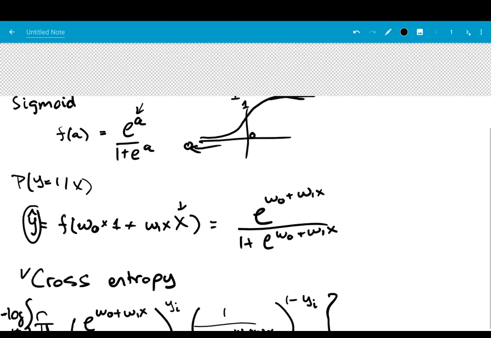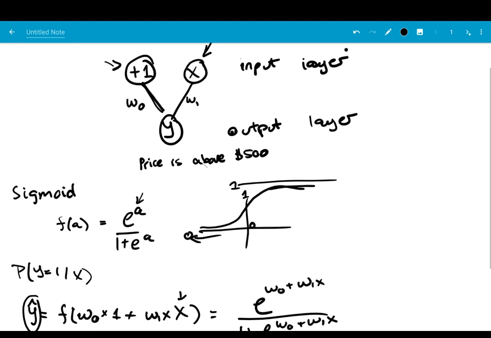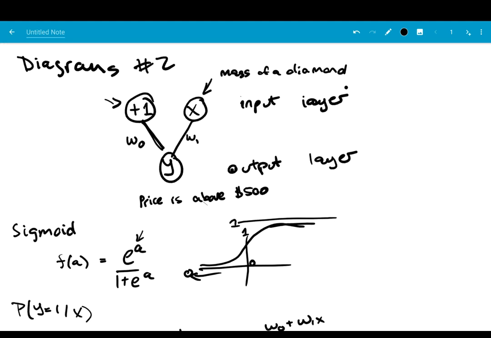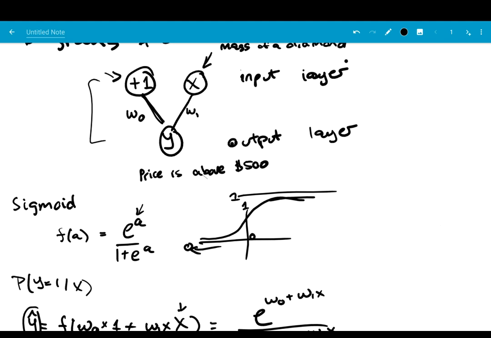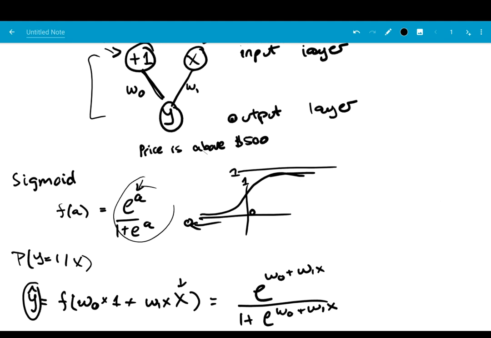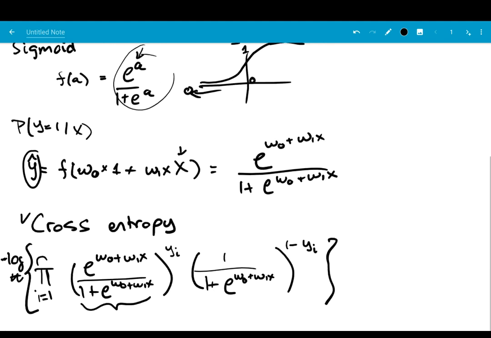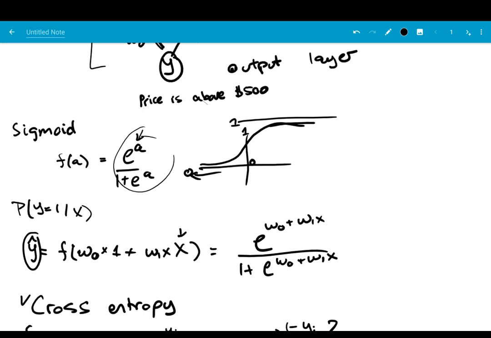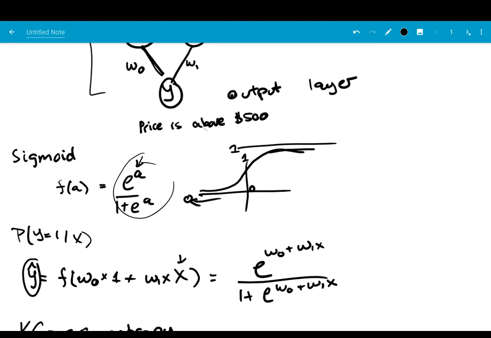But at any rate, the larger point I'm hoping you're getting from this little lecture is that a simple logistic regression is exactly a special case of a neural network with a diagram that looks like this, where you've specified a specific output activation function, namely the sigmoid function, and then you've specified a specific loss function, specifically the cross entropy loss, which works out to be equivalent to the negative log likelihood that we would maximize if we were doing logistic regression directly. Okay, so that's another special case.